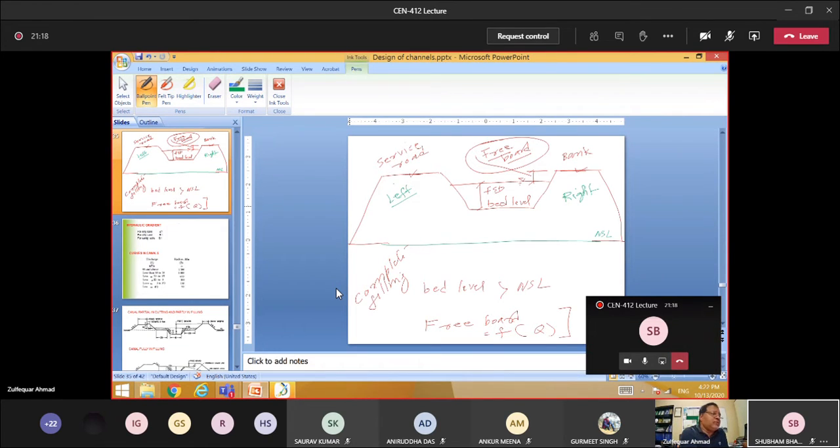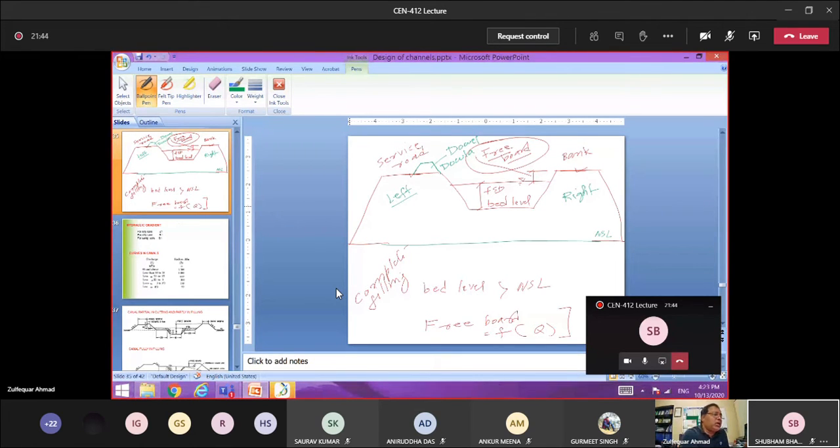But in the case of the service road, you have to provide here what is called a dowel. So you can say this is a dowel, DOWEL, or you can also say a dowla. From a safety consideration, this is being provided, okay.